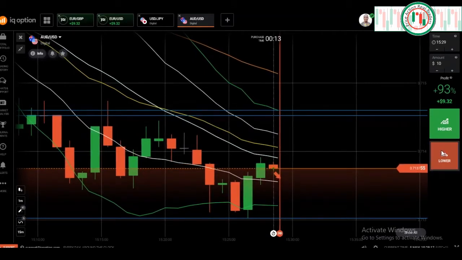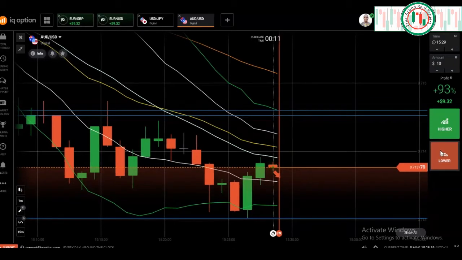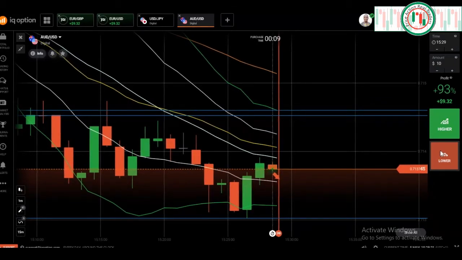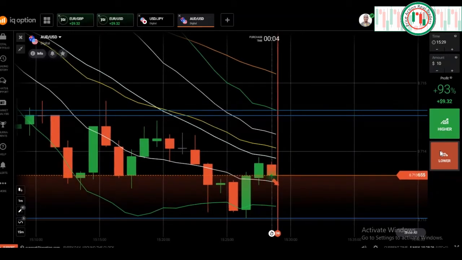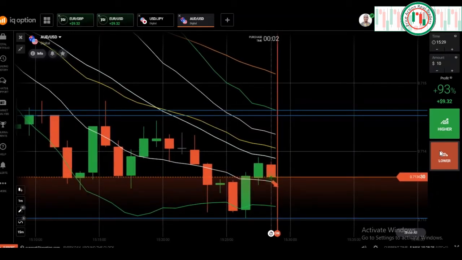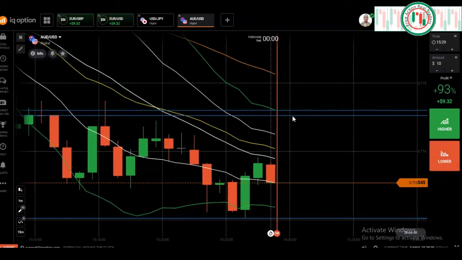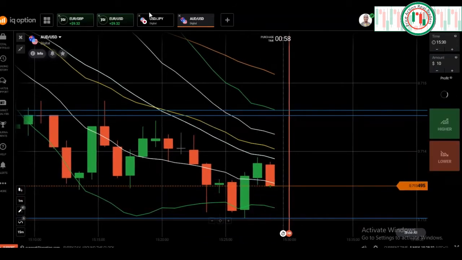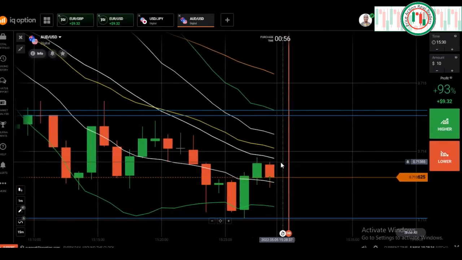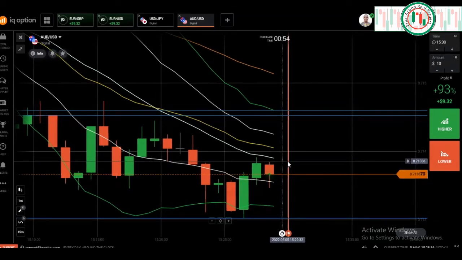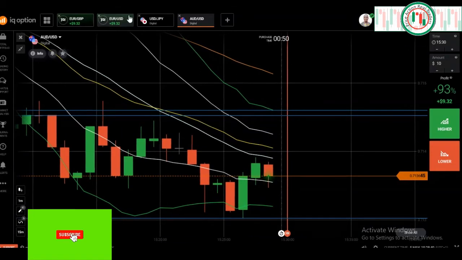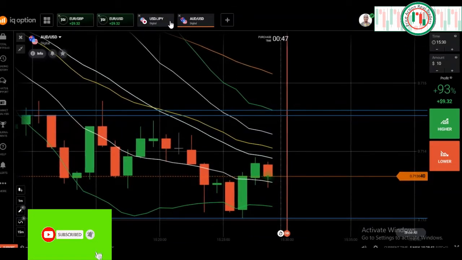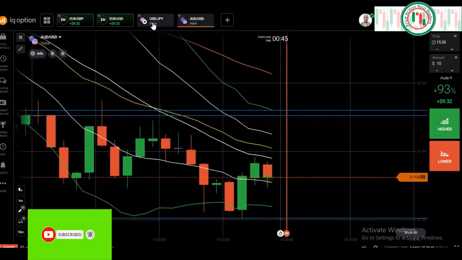If I get a higher entry point, I'll place my trade. I need a higher entry point. No problem, the market is not going higher, so I need a margin of safety. I need the market to reach this level at least, then I place my trade. The market is not going higher, no problem.